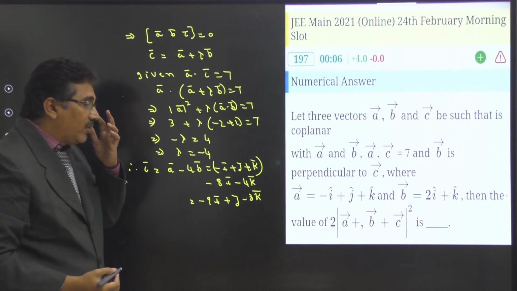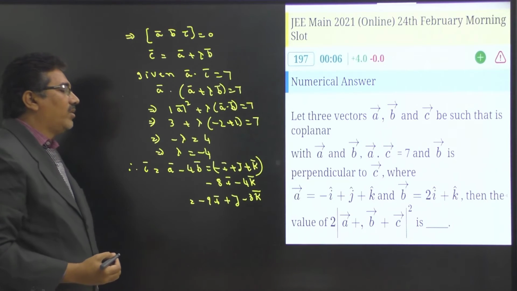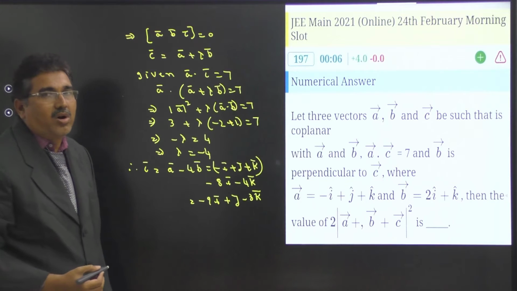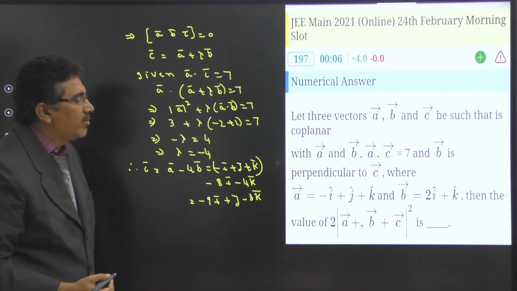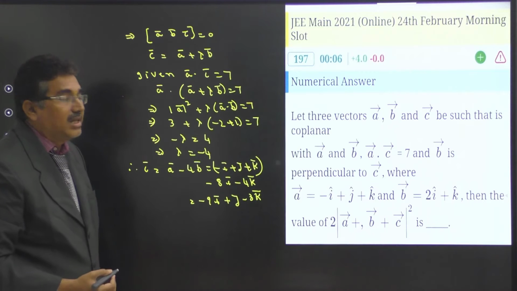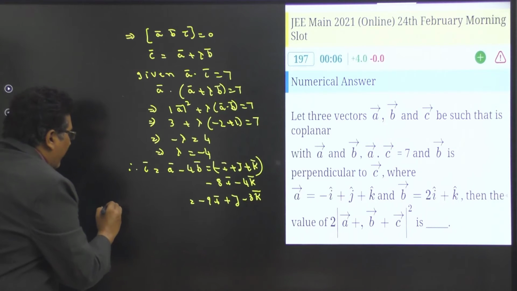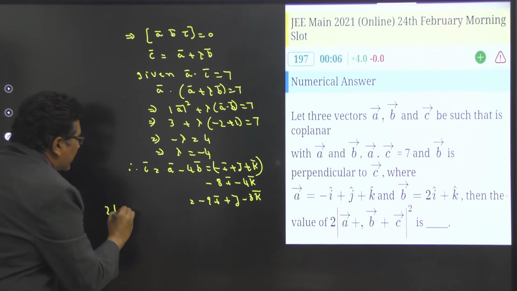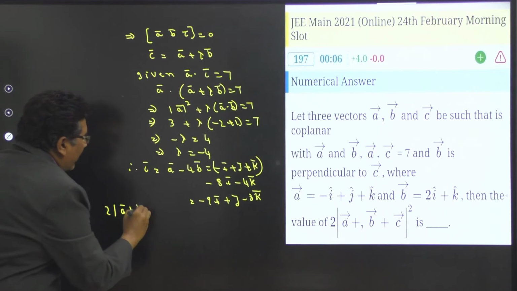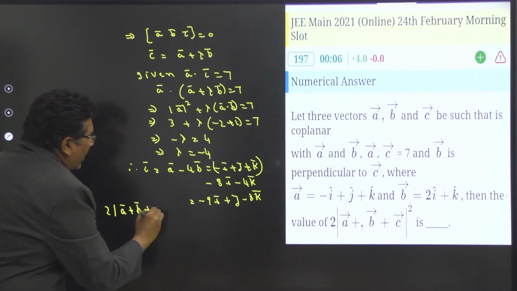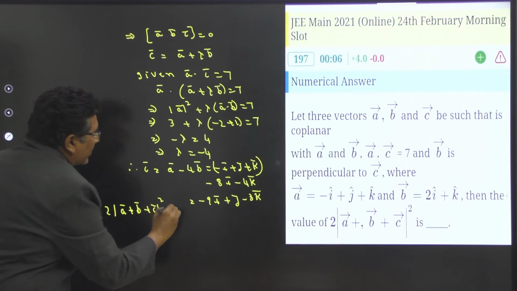Now we want to find the value of modulus of a bar plus b bar plus c bar whole square. What is the formula for modulus of a bar plus b bar plus c bar whole square?